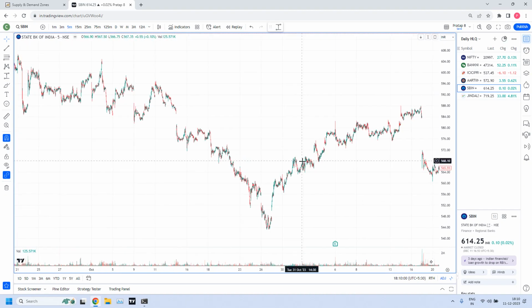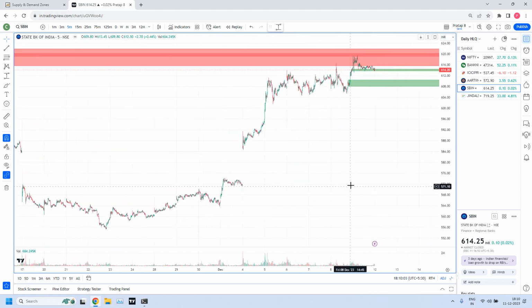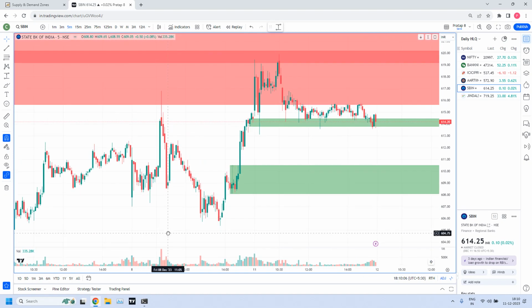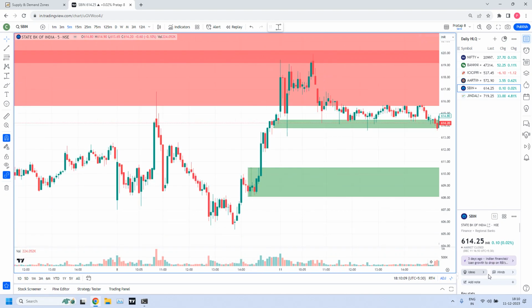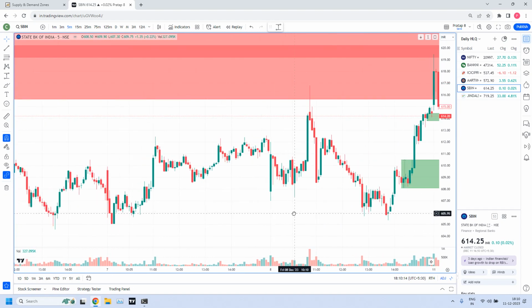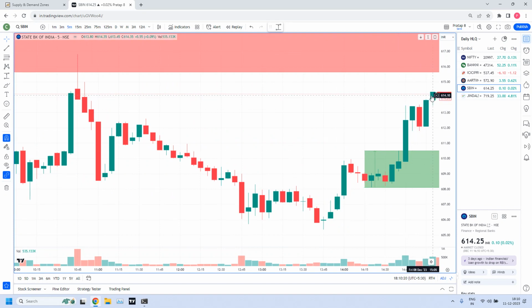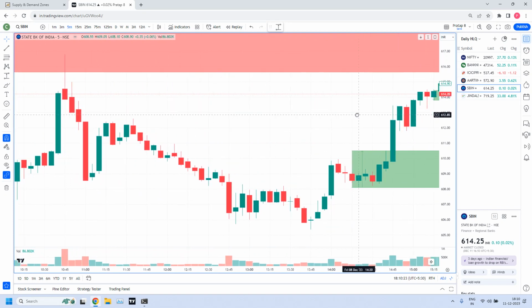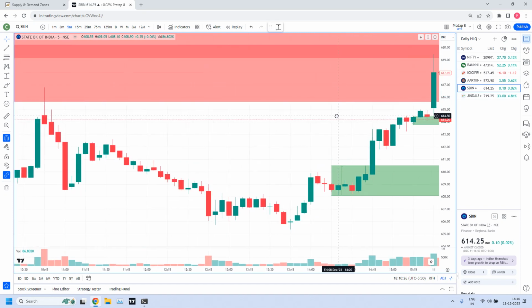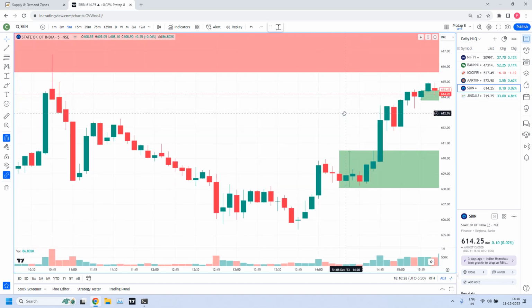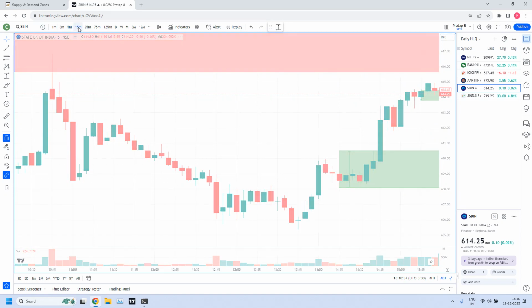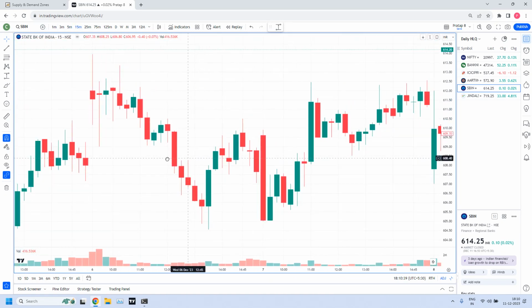Now let us get into today's price action. Okay, today before the prices started, this was the situation. Let me go to the 15 minutes time frame because we are looking for the target on the 15 minutes.